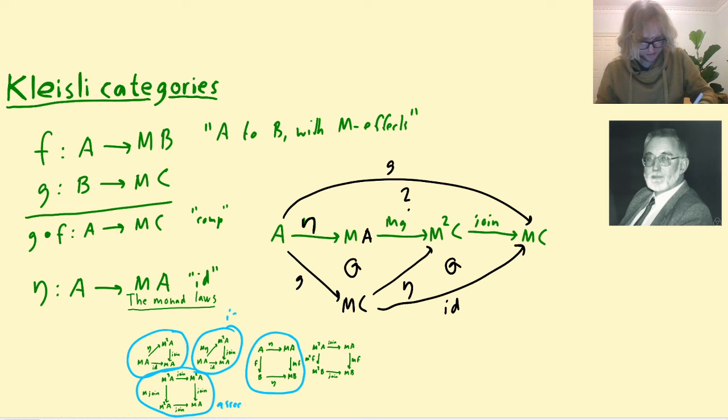So this is identity right or left, and this is the other one, right? So the three laws here correspond exactly to the three laws of a category. So this construction gives a category if and only if the monad satisfies the laws. So that's one way to see where the laws were actually coming from. Right? And let's see if we can do this in Agda in another video.